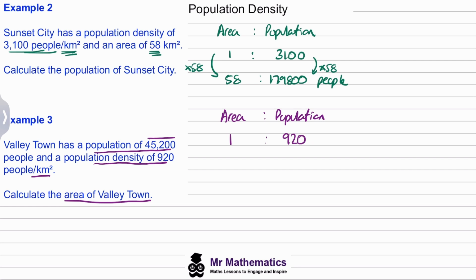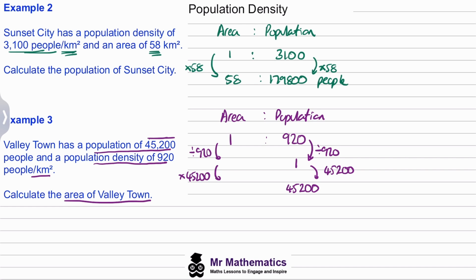And if the population is 45,200, we need to keep our ratio balanced to go from a 920 to the 45,200. So it's easiest to go via 1. We divide both sides by the 920, and then we multiply both sides by the 45,200. So our ratio remains balanced.